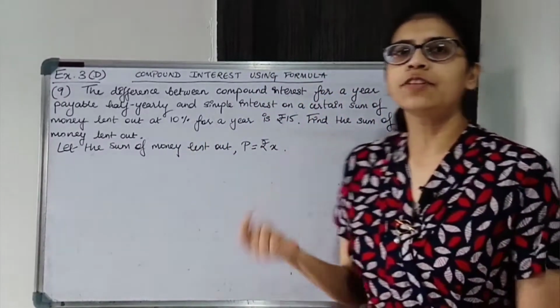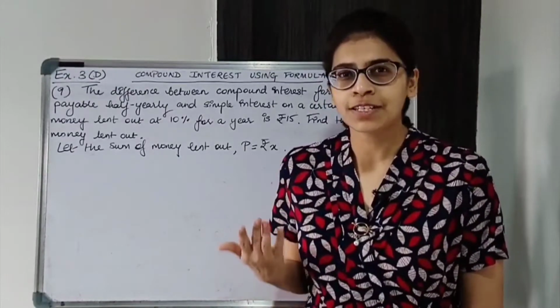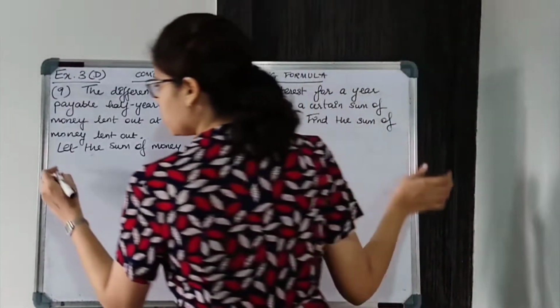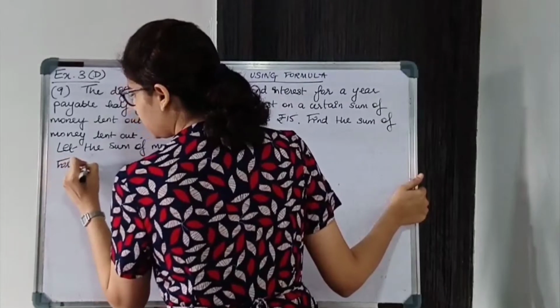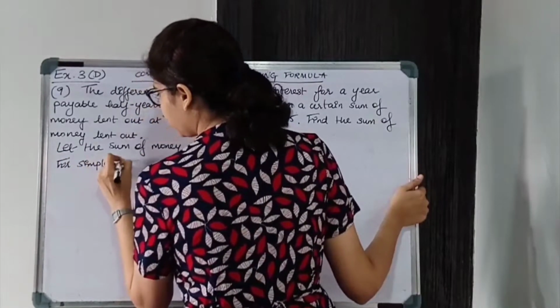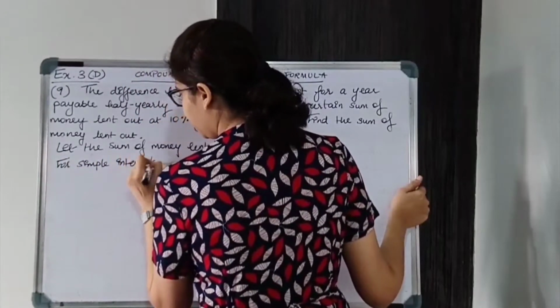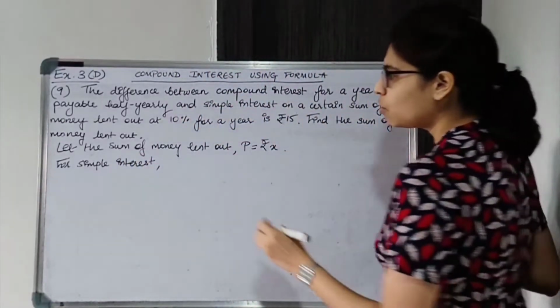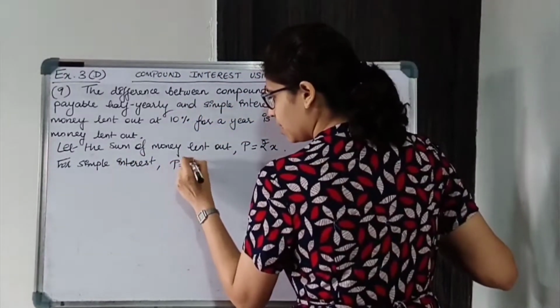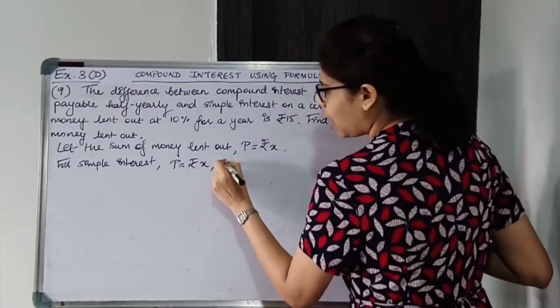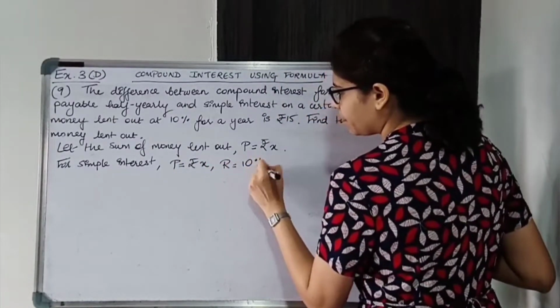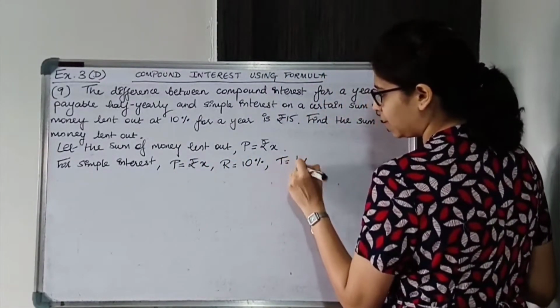Now first we'll calculate simple interest because the formula is very easy. So for simple interest, first write down all the information, P, R and T. Principal is X rupees, R is 10%, time period is 1 year.